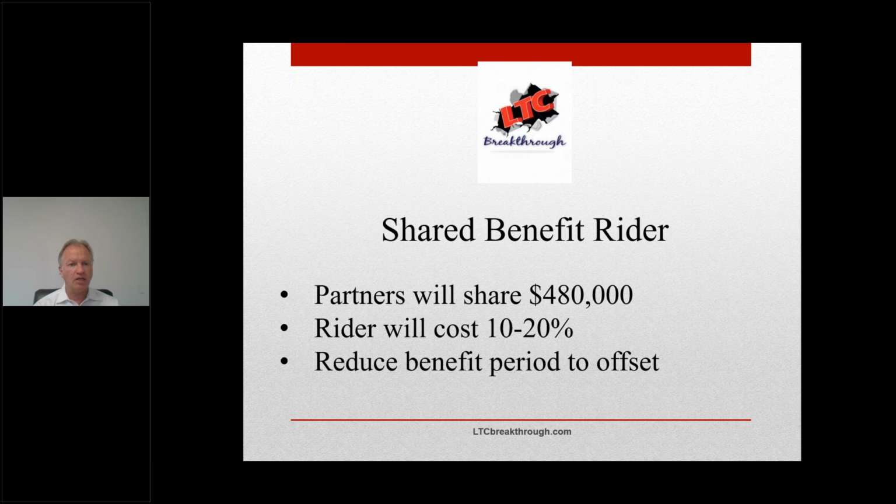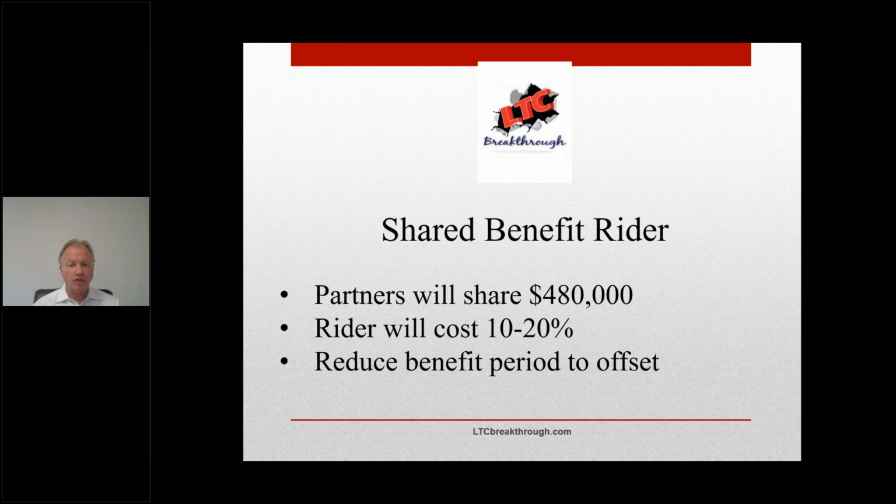Now the benefit of that is that if you actually used up all of your benefits in your policy, but you still needed care, then you could actually start dipping into your spouse's $240,000 in order to continue to have your claims paid by the insurance company. Now, this is a very popular benefit inside long-term care insurance policies.